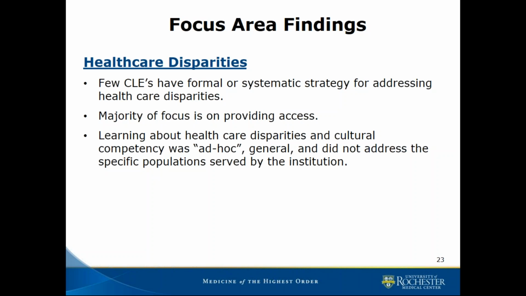When they talked to residents about disparities or cultural competence, there were pockets of goodness here and there, but many residents really hadn't had these kinds of discussions in their program, and there really wasn't any circling back to your community and what kind of disparities might be in your particular community or in your area of medicine, and how your institution was doing on that and what the residents could do to be helpful in it.